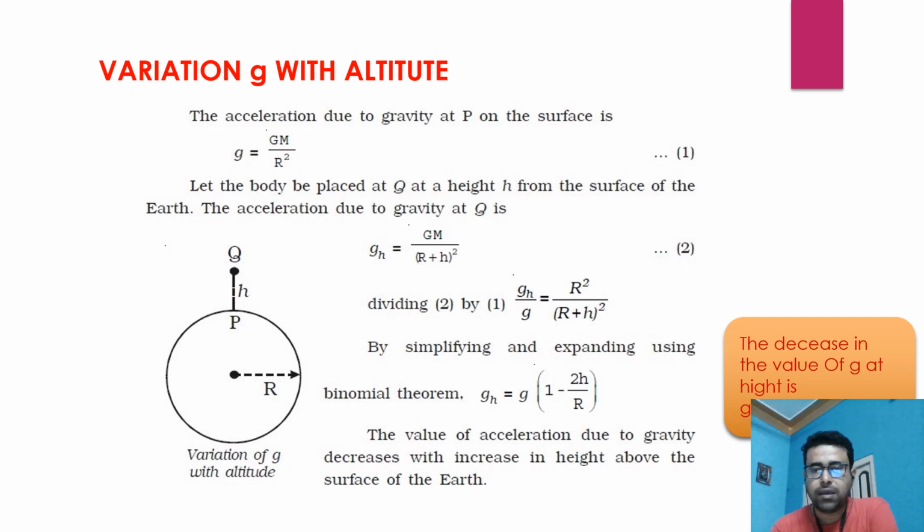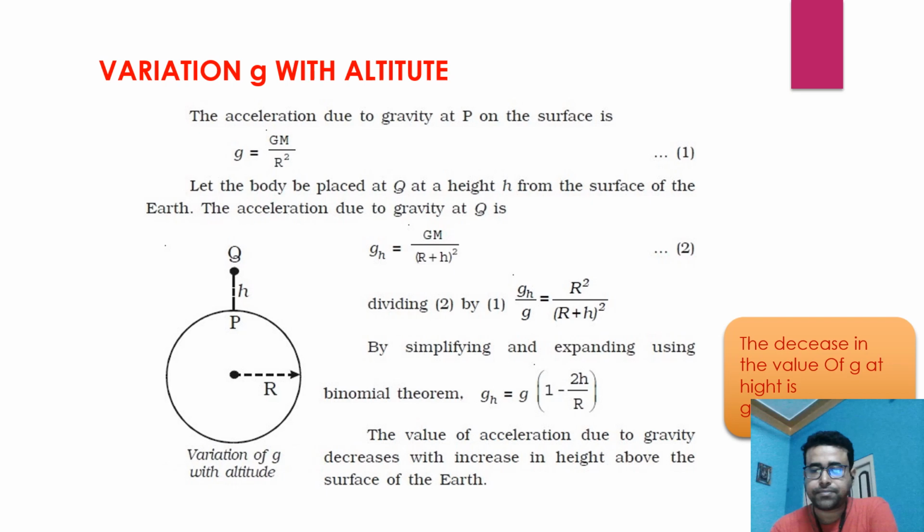Okay, if we take the ratio between g_h and g, then we are going to see the value of g_h equals g into (1 minus 2h by R). That is, acceleration due to gravity decreases with increase in height.